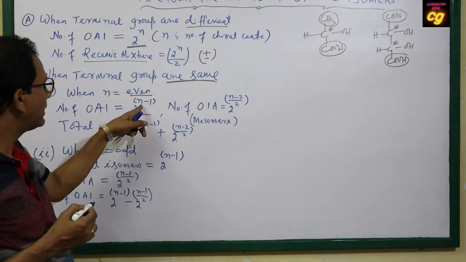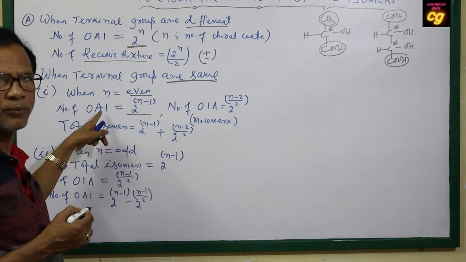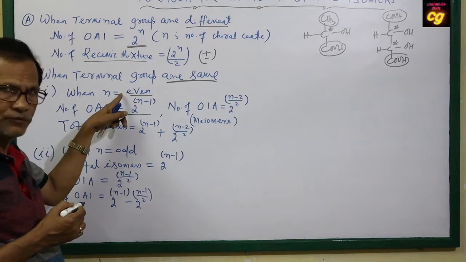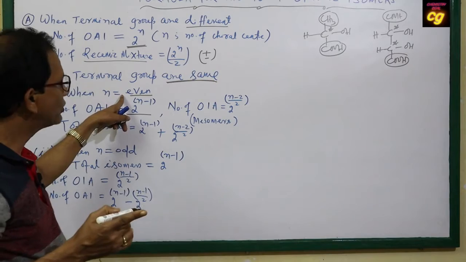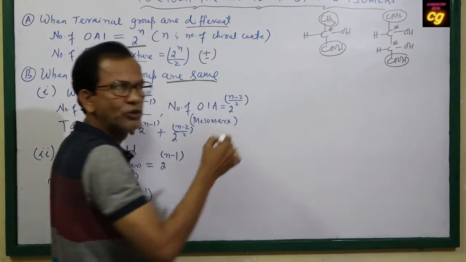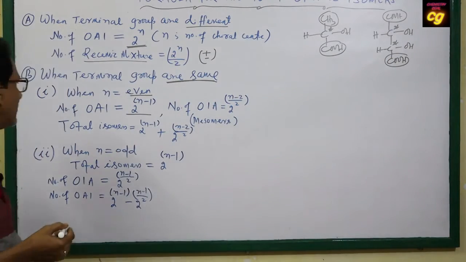That is the number of optically active isomers when n is even and both terminal groups are the same.